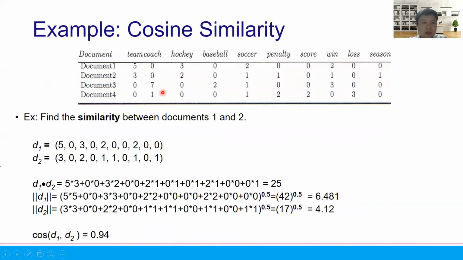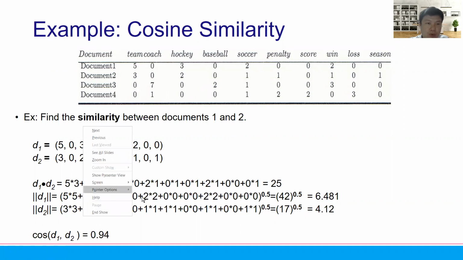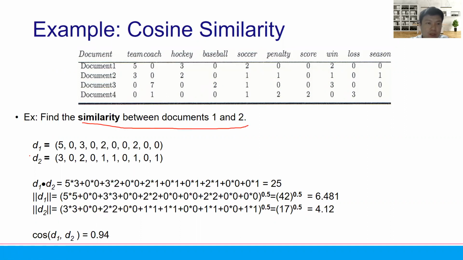I want to know the similarity between, let's say, these documents. This is from the same data from the previous page. I want to find the similarity between document 1 and document 2. So we will use the T, which refers to the document.